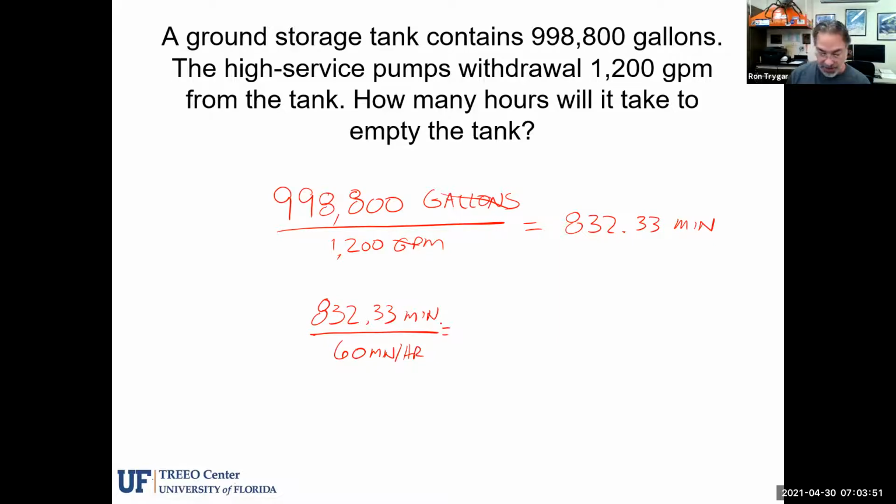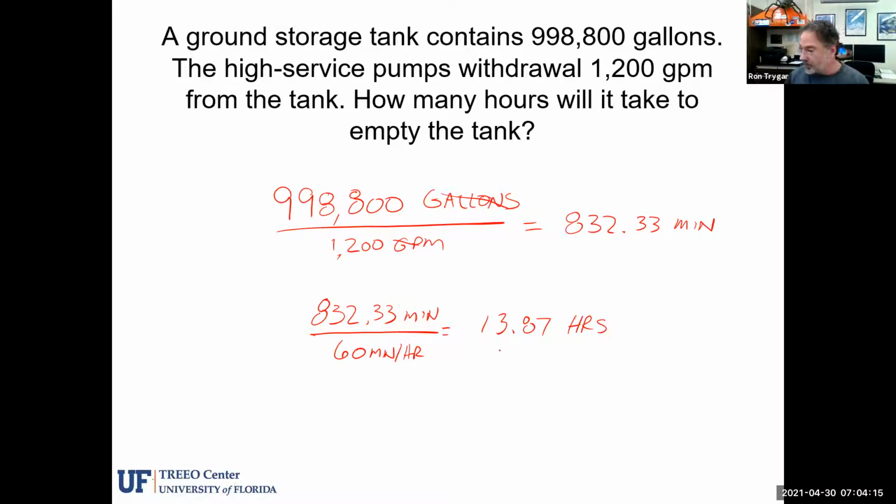We're going to get a smaller number because now we're working in hours. So 832.33 divided by 60. On my calculator, I've got 13, and I'm going to go out to the hundredths column here. So 13.87 hours of time before that tank empties out.